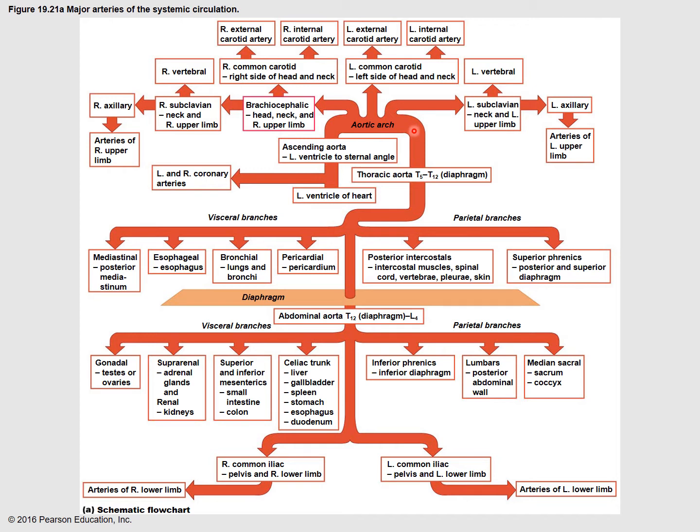As the aortic arch then almost looks like it does a U-turn, so it comes up from the left ventricle, you have the arch, and then it extends down the back side of the heart and travels down. And then you have additional branches off of the thoracic aorta.